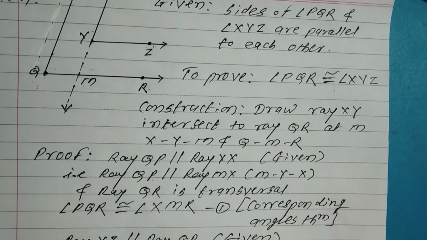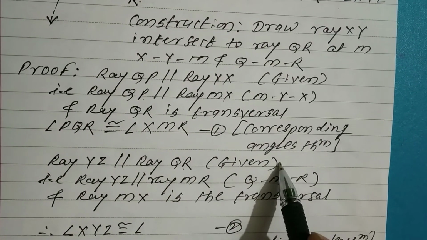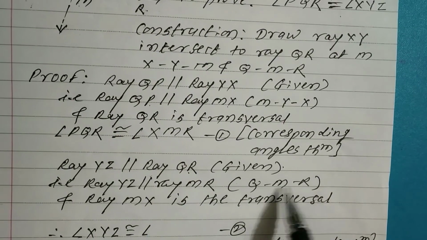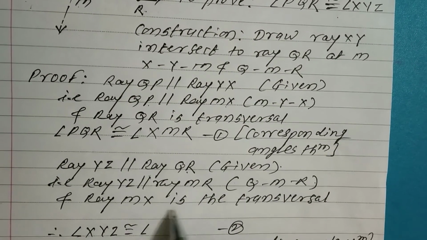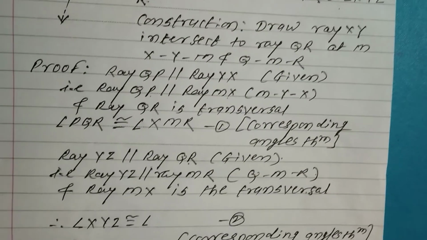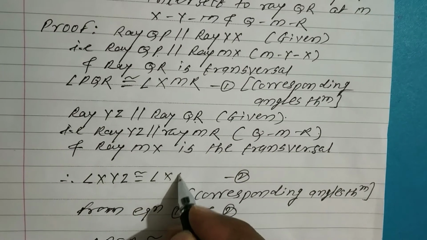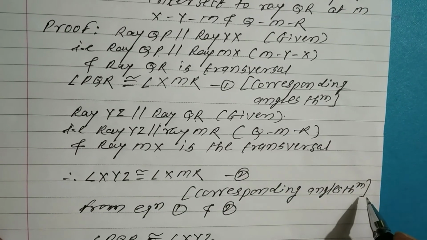You write in this way, ray YZ parallel to ray QR given, that is ray YZ parallel to ray MR, QMR betweenness, and ray MX is the transversal, therefore angle XYZ congruent to angle XMR. Equation 2, corresponding angle theorem.